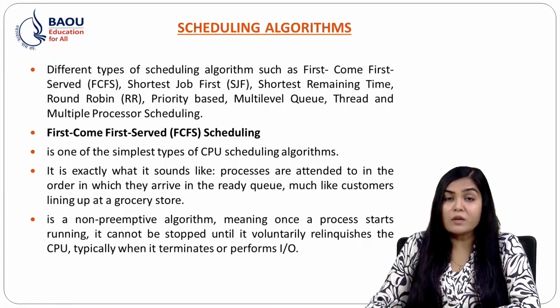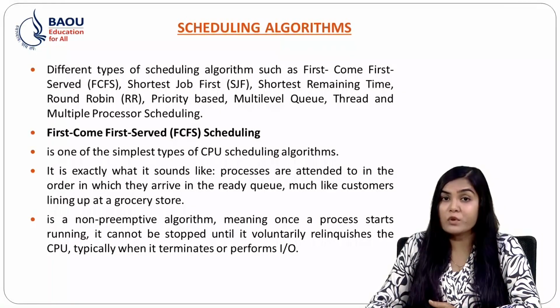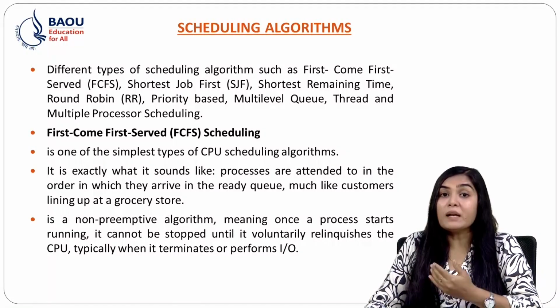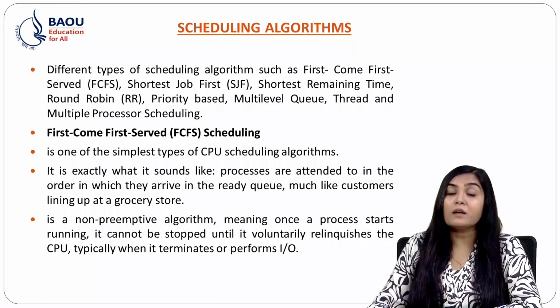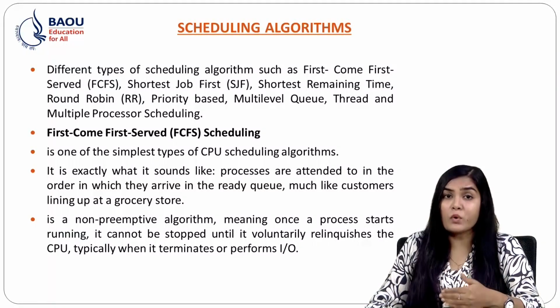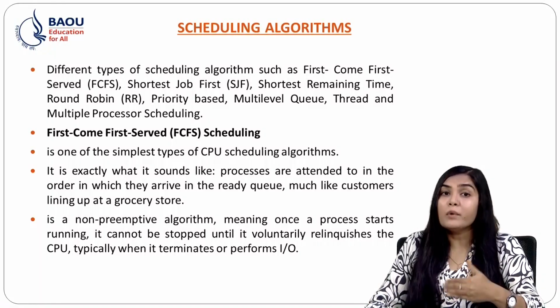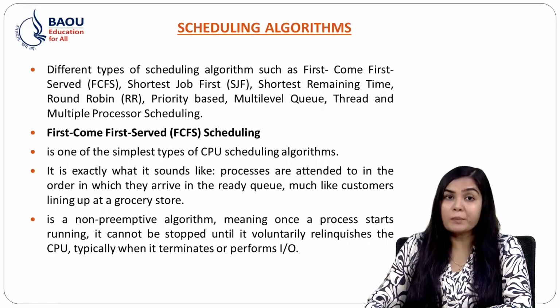If other jobs have arrived during the execution of the first process, they will be lined up in the ready queue and will get a chance to run sequentially when the first process terminates or blocks. The main advantage of this algorithm is its simplicity to implement.